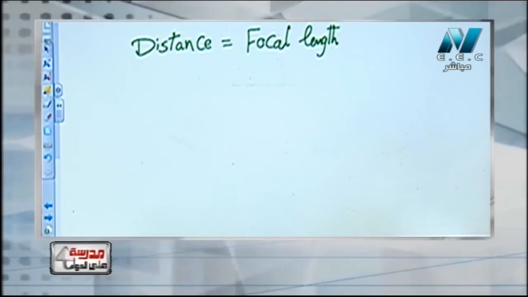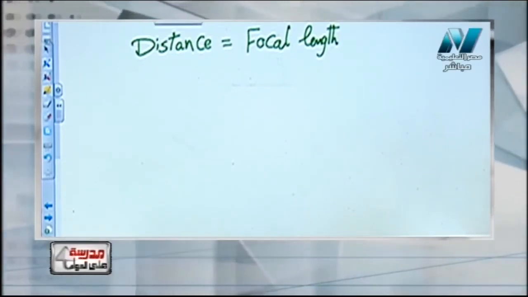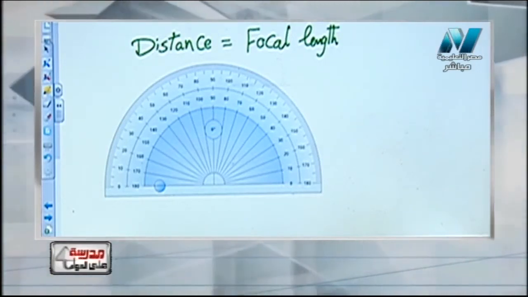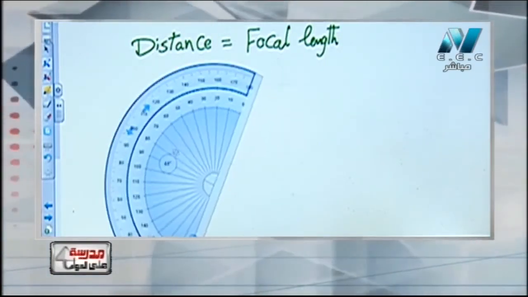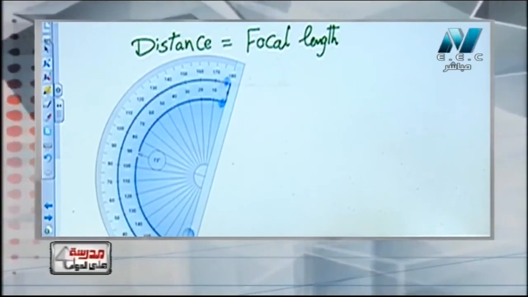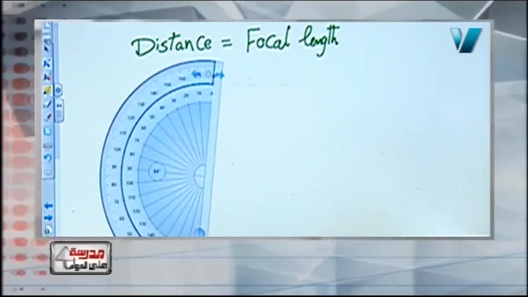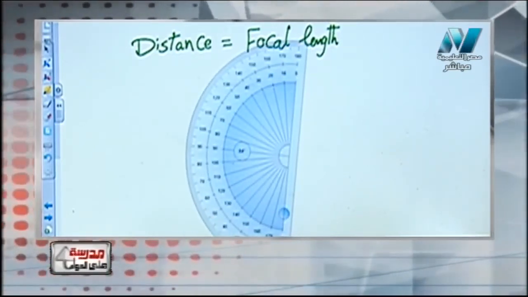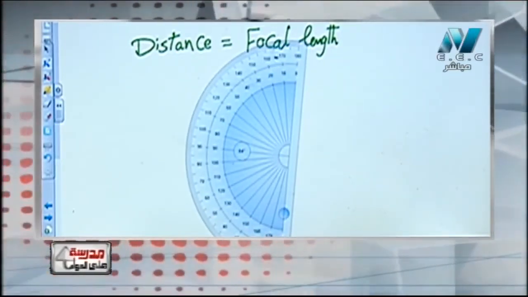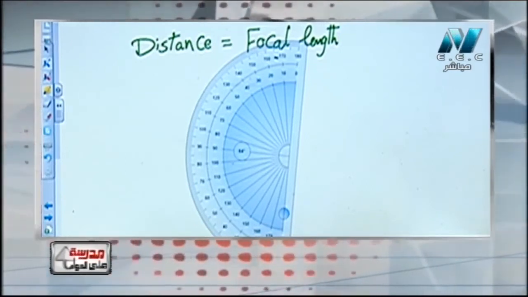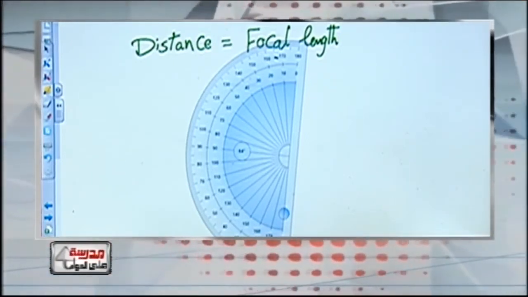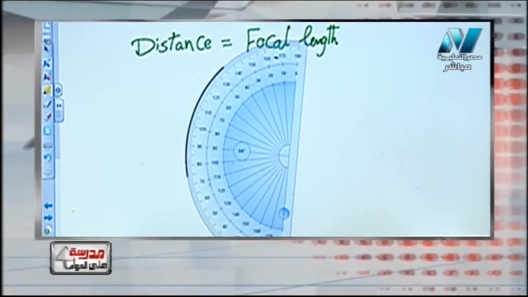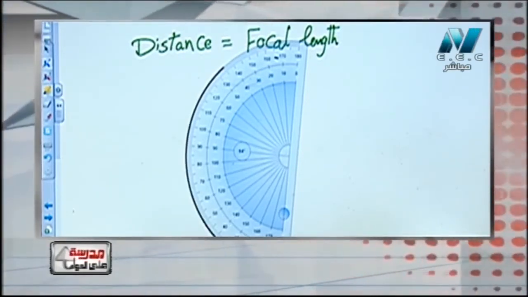So I will use the protractor to draw the arc. Then we will use the ruler to draw the principal axis by two equal distances as the radius of curvature.